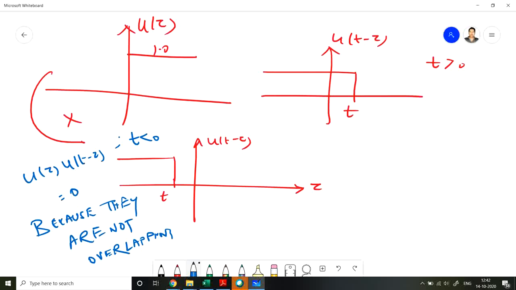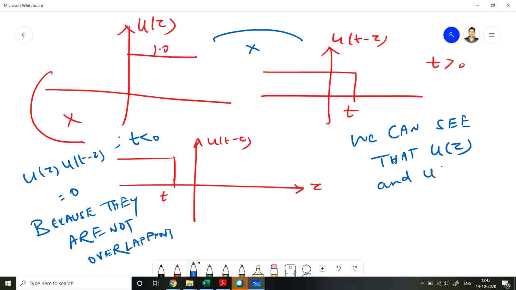Now if we consider these two cases and multiply these two graphs, we can see that u(tau) and u(t minus tau) do overlap for t greater than 0.